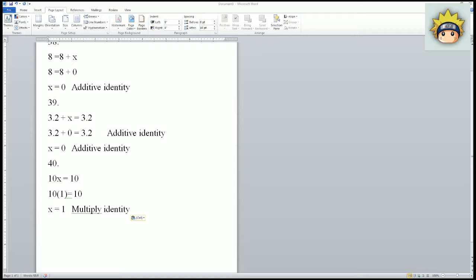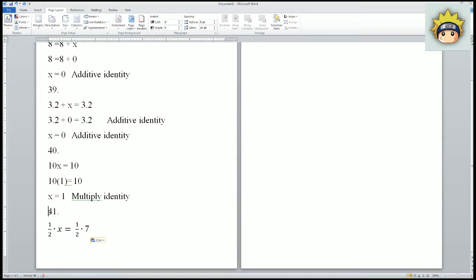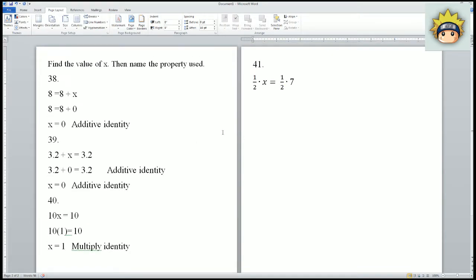Next, 41. 41 is a fraction, but it behaves the same way. It is 1/2 times x equals 1/2 times 7. I can get rid of the 1/2 on both sides.